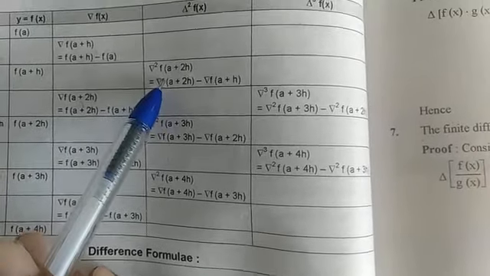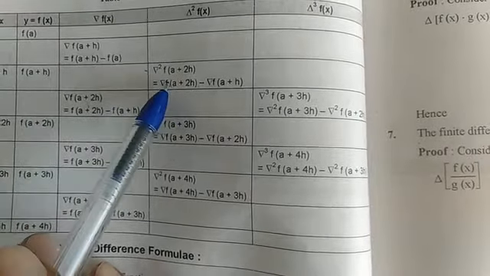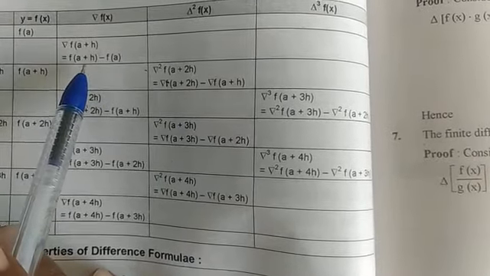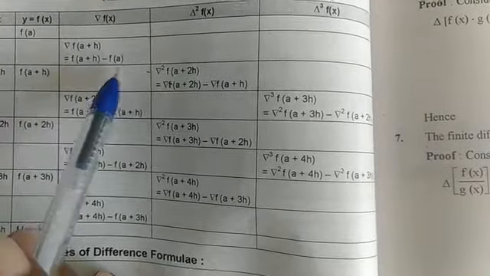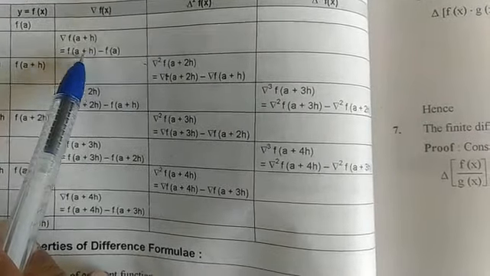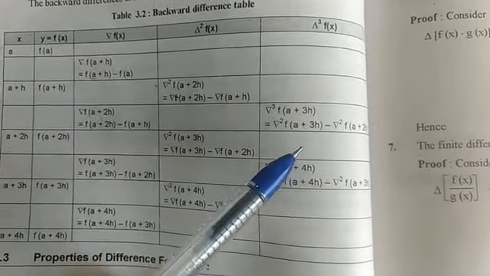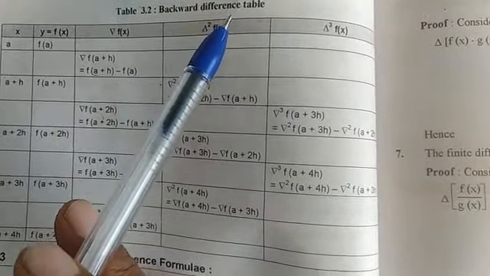And the second difference ∇² f(a + 2h) is equal to ∇f(a + 2h) − ∇f(a + h), this minus this. Okay. Similarly, we get the third difference also. This is the table for the backward difference.